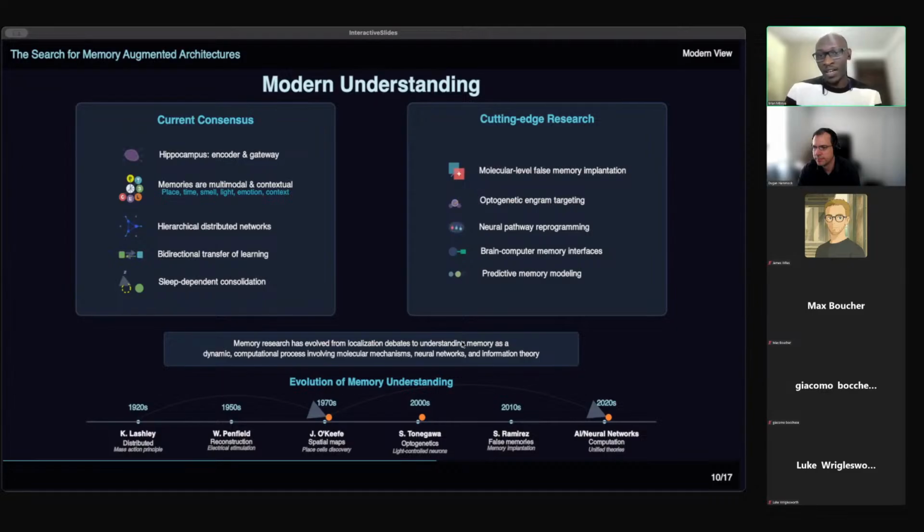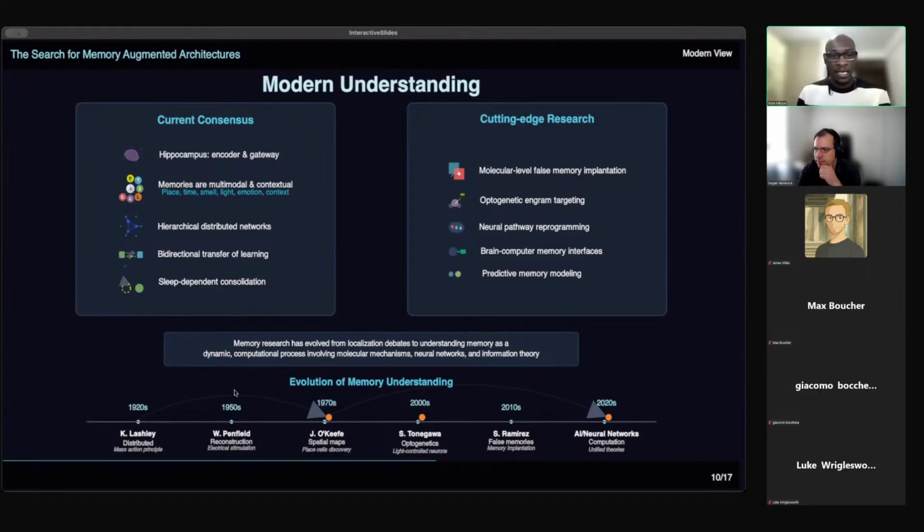And then brain-computer memory interfaces. Some things have been done in BCI, and what is more interesting, at the micro or cell level, is the predictability of memory. Can you predict? This is what dreams do, predicting what the system has been taking in. So this is also very interesting.